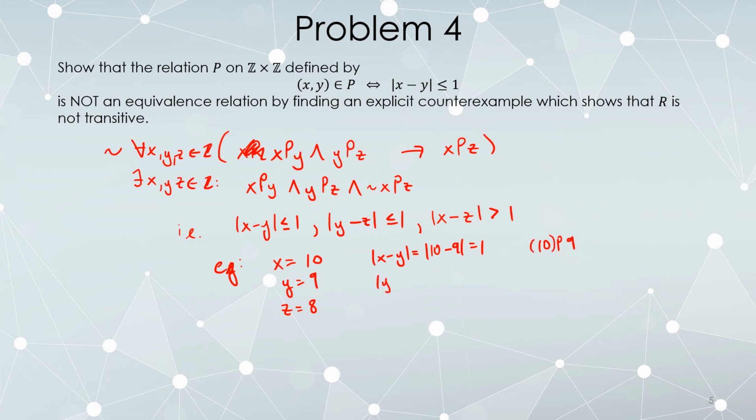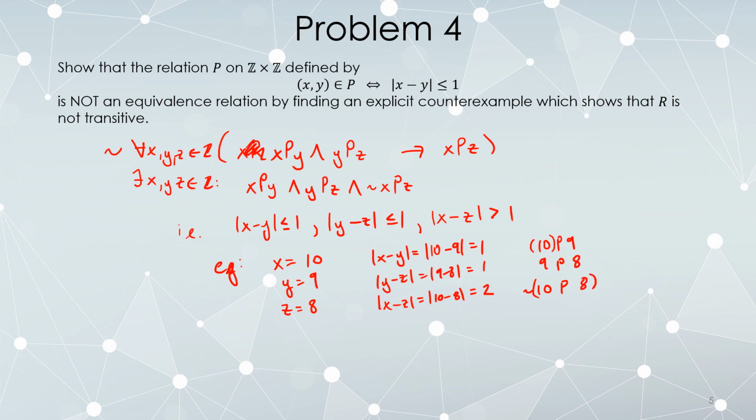However, the absolute value of y minus z is now the absolute value of 9 minus 8, still 1. So 9 is related to 8. The distance between them is no larger than 1. Turning our attention to the third condition, however, the absolute value of x minus z will be the absolute value of 10 minus 8, which is 2. 2 is bigger than 1, so 10 is not related to 8.